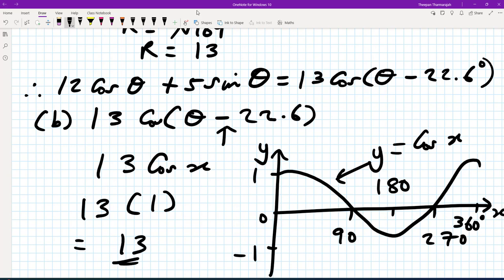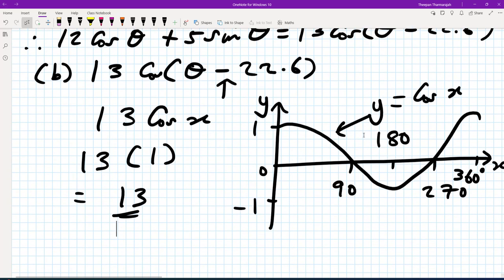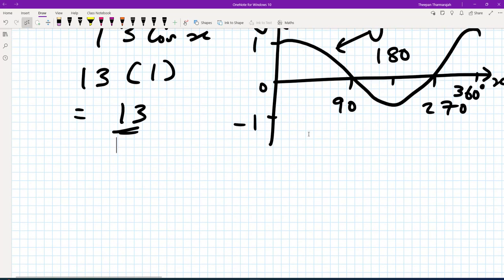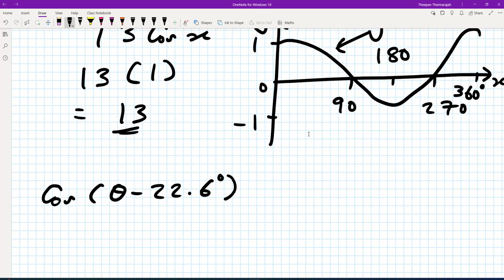But then it states, find the smallest value of theta at which this occurs. So what we're interested in is cos(theta minus 22.6 degrees) equal to 1.